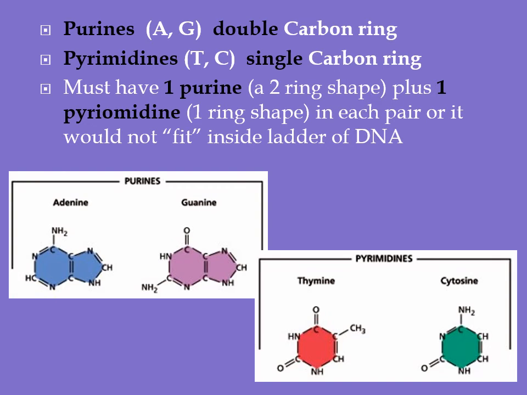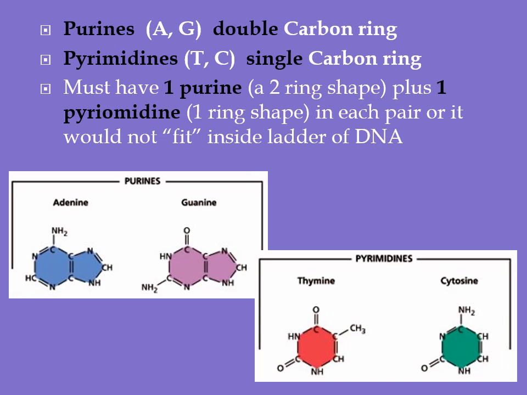So when we look at how the middle of that DNA structure is held together, we're going to have one purine, the two-ring shaped base, and we're going to connect it to one pyrimidine, a one-ring shaped base, and that's going to be our pair in the middle of DNA. If we don't have that combination, those pairs are not going to fit inside of that DNA ladder.